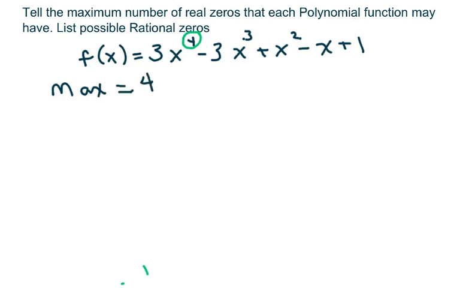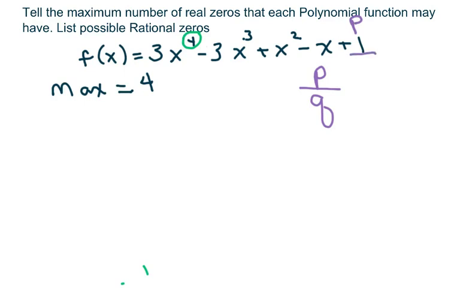That's the possible maximum. Now, to get the list of the possible rational ones, we're going to look at P over Q. Your P is your last digit here.